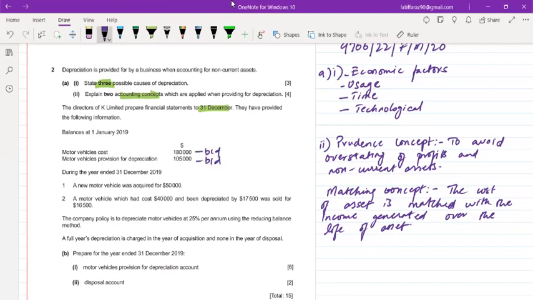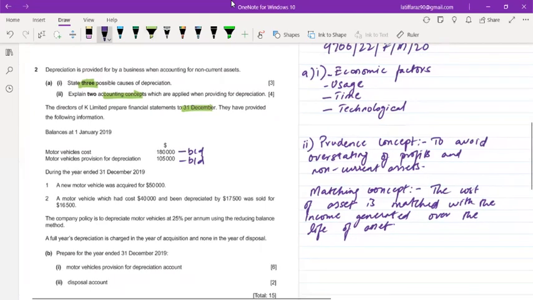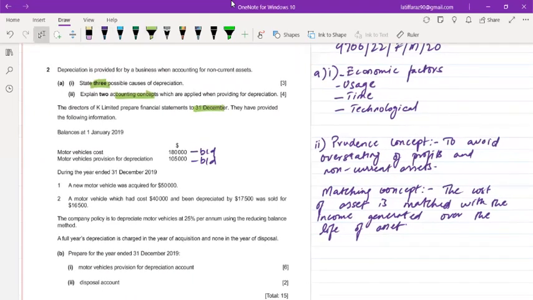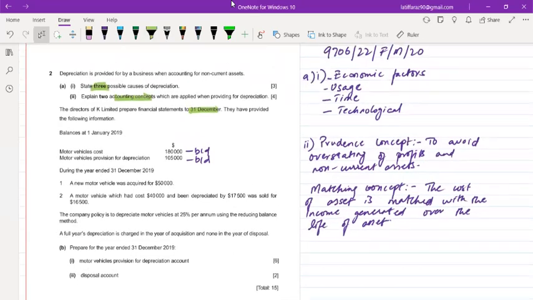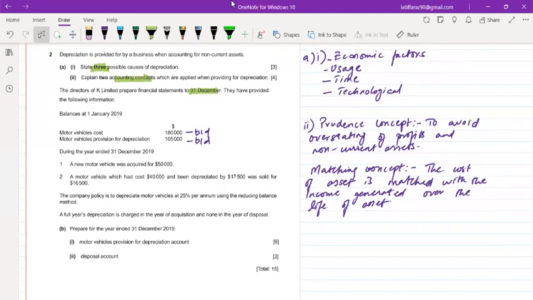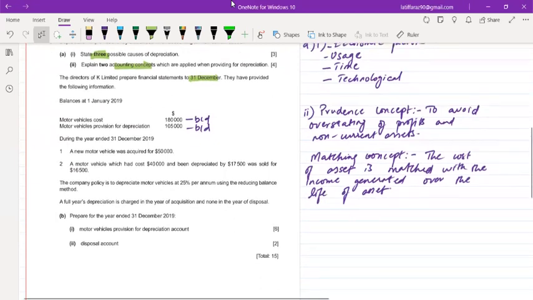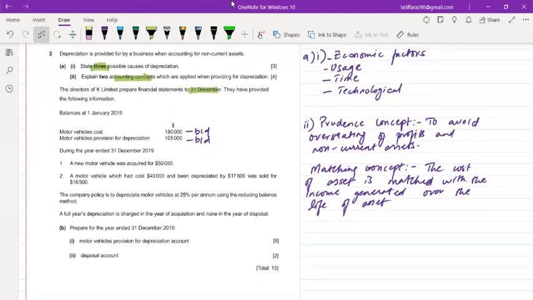During the year ended 31st December 2019, a new motor vehicle was acquired for 50,000. A motor vehicle which had cost 40,000 and had been depreciated by 17,500 was sold for 16,500. So a new motor vehicle was acquired and an old motor vehicle was disposed of.